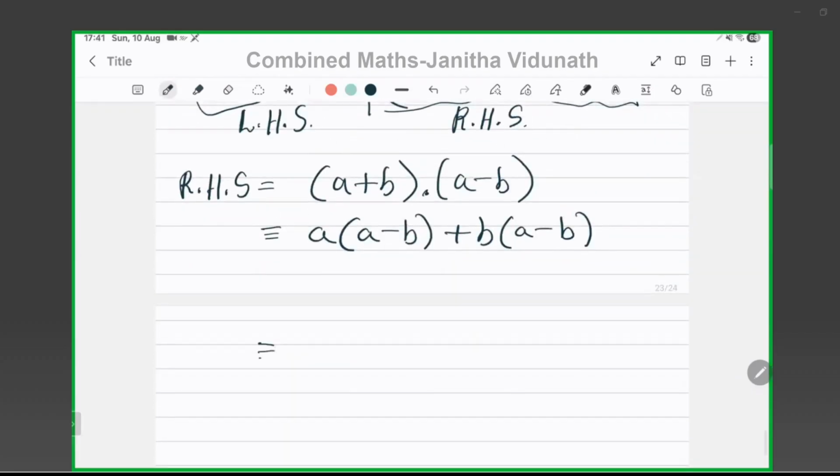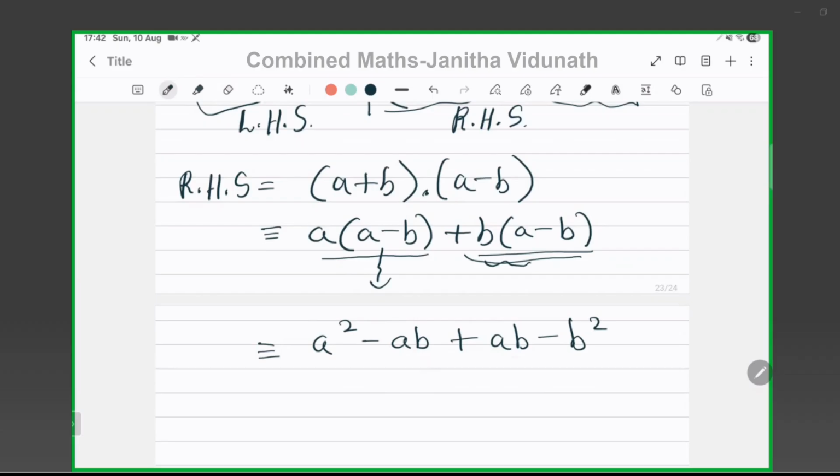Then we get a minus b common for those two terms. Then we get a minus b times a plus b. Then we simplify this again. Then we get a squared minus ab from these two and ab minus b squared from these two.